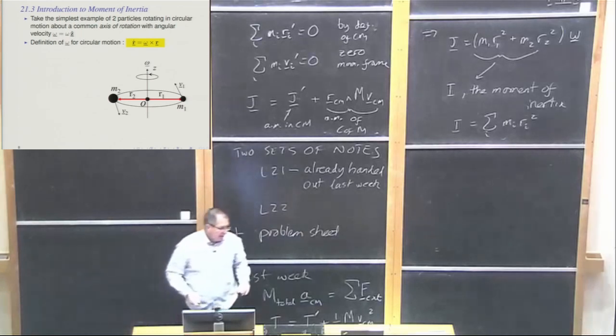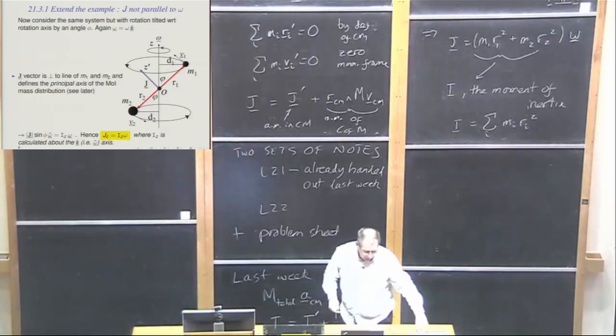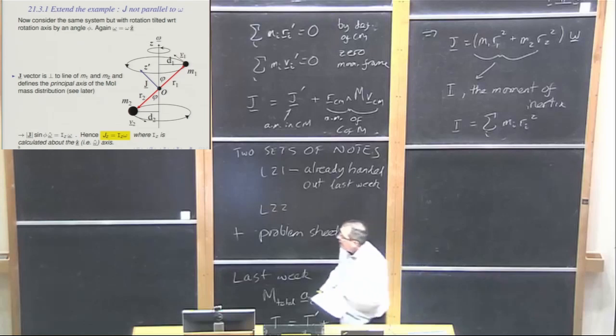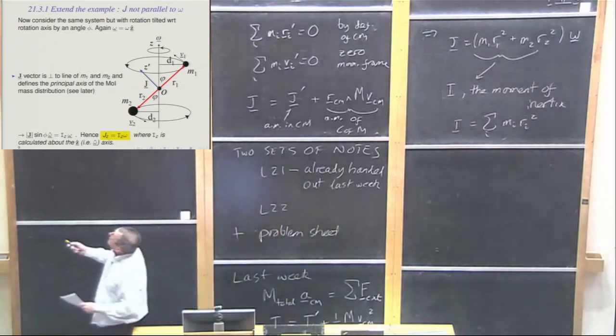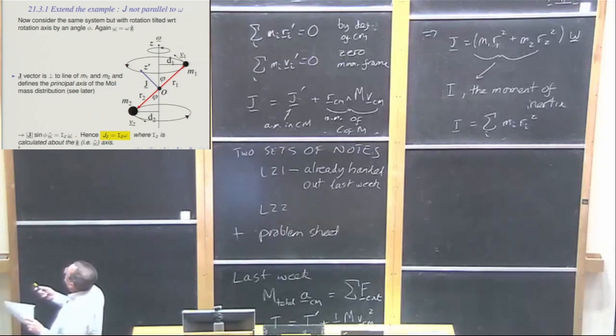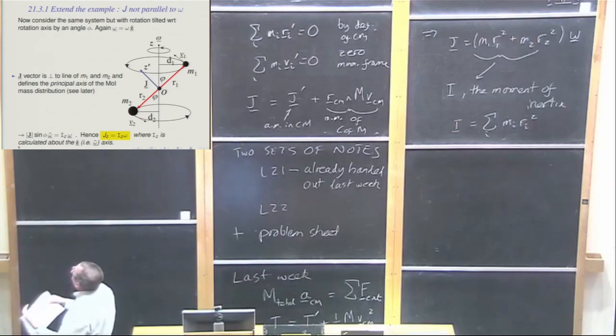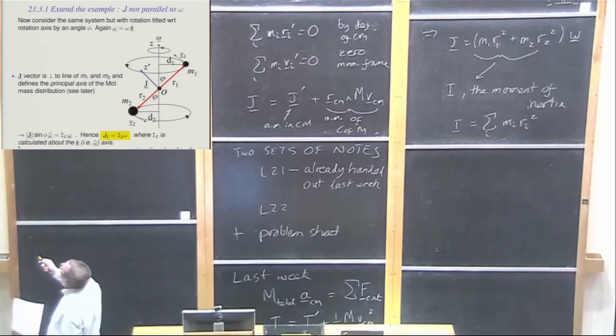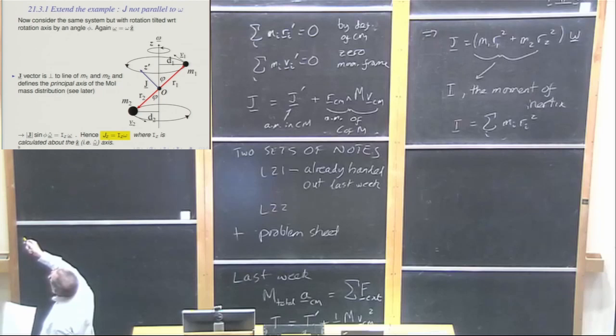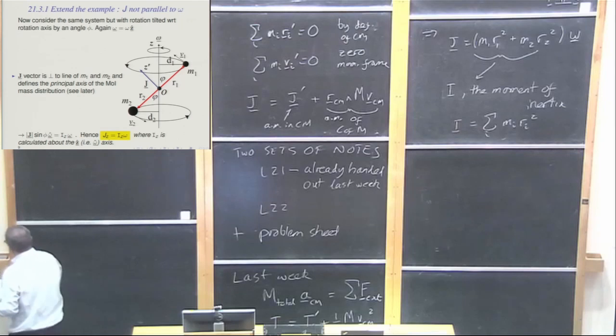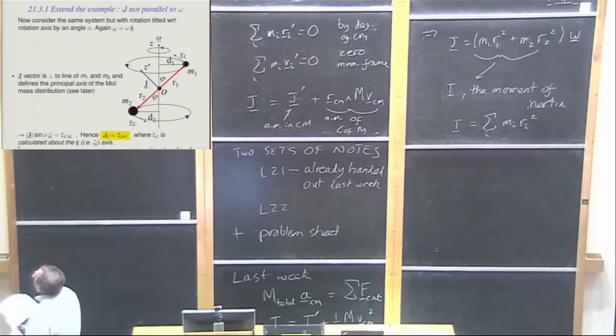Let's now consider a slightly more complicated system where these two masses are connected by a rod. One important consideration in everything we'll be saying is that the system is rigid, so we're not allowing for any movement between the two. But now let's imagine that this rod is tilted. Again, this is the axis around which the rotation happens, but the system is clearly somewhat more complicated.